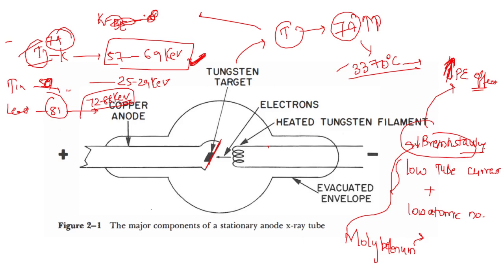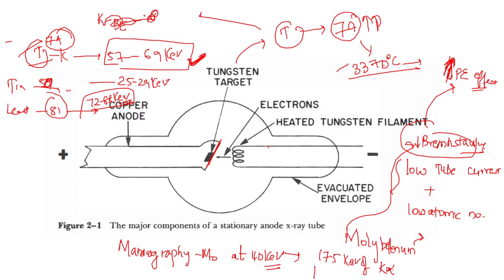In mammography tubes, we use molybdenum at around 40 kilo electron volts, and this will produce 17.5 kilo electron volts of K alpha characteristic radiation, and also 19.6 kilo electron volts of K beta characteristic radiation. As a result of this characteristic radiation, we can use molybdenum in mammography.